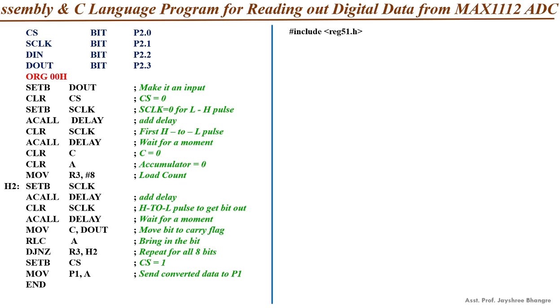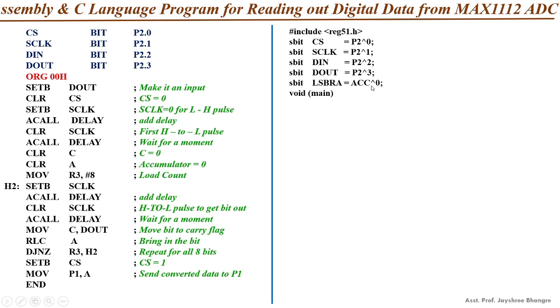Here is the C program. Again we are defining all the bits. Now here the accumulator 0 bit, the LSB bit of the accumulator, is defined as LSB_RA, where we are reading the data into this bit.